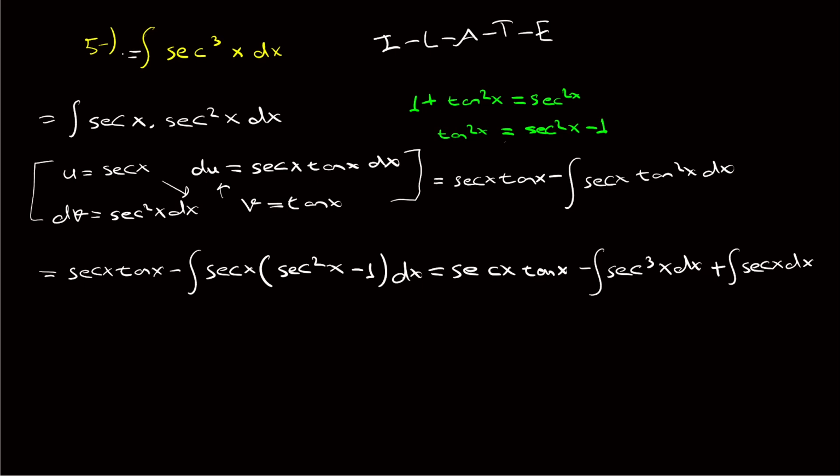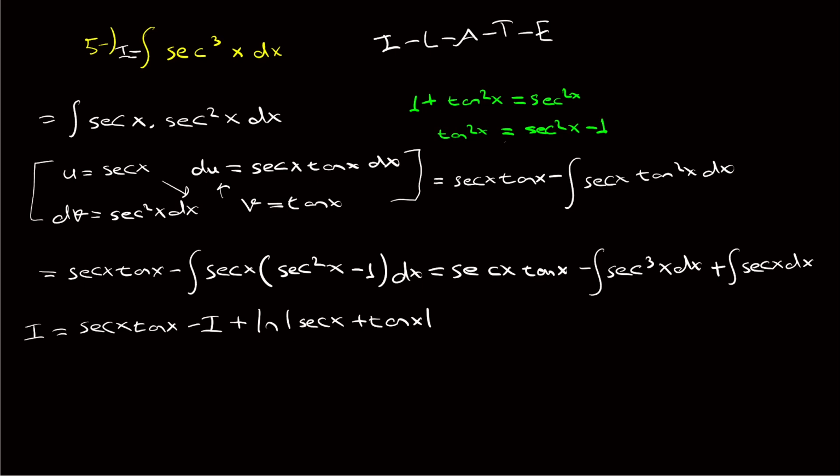If I call this I, I is going to be secant x tan x minus I, because this is the same integrand, plus integral of secant x dx, which is equal to ln absolute value of secant x plus tan x.